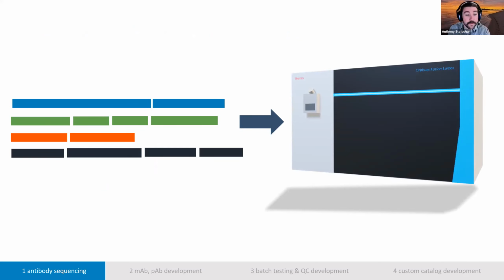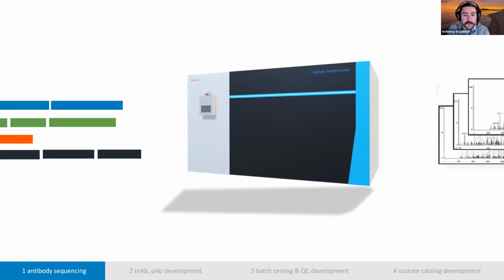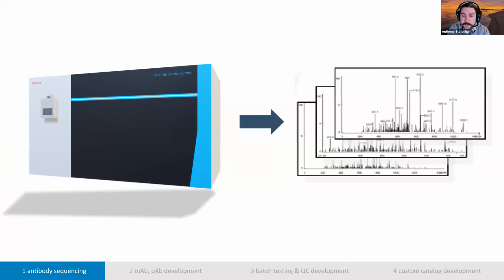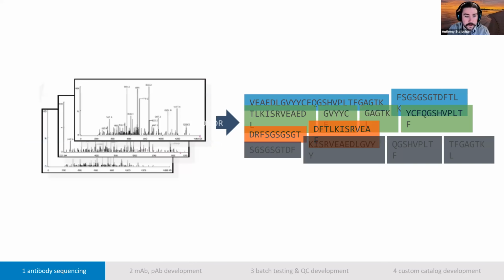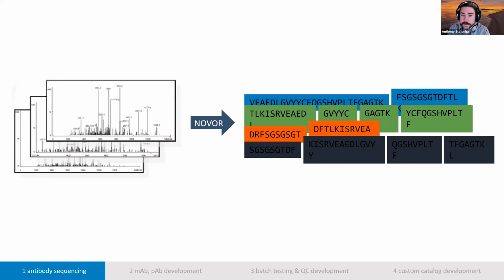So we have these peptides that we've made. We don't know the sequence yet, but they're different enzyme chemistries. We put them on the mass spec. The mass spec will, as I said, generate some spectra. Our algorithms will then take those spectra and output peptide sequences.